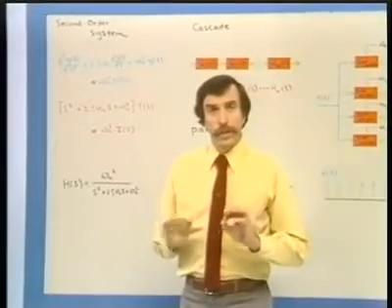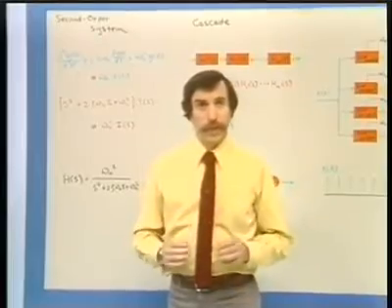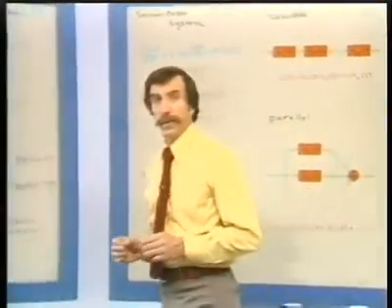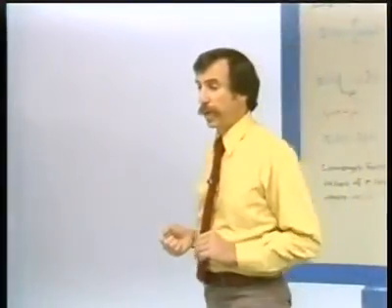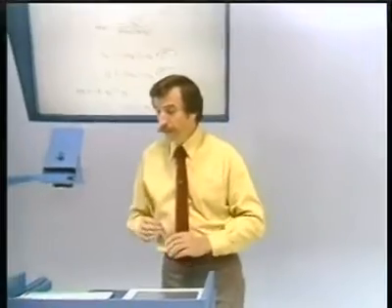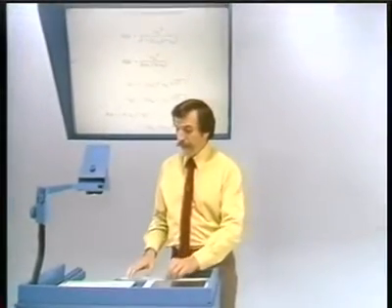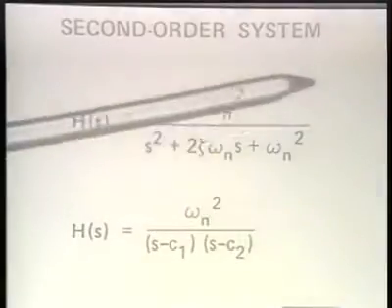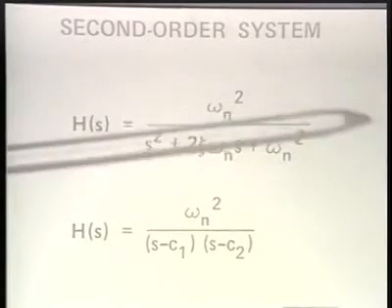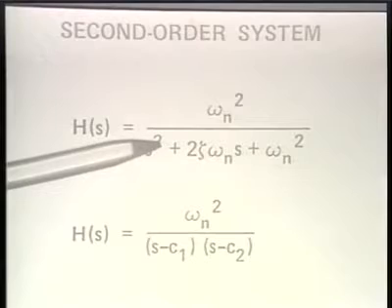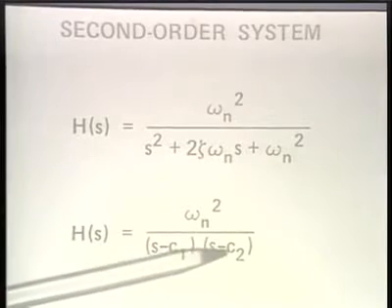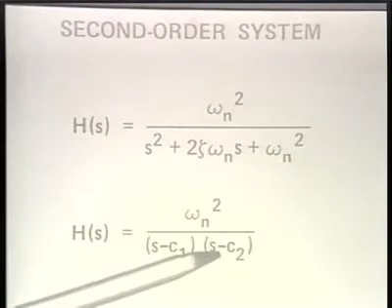Well, let's look at this example, namely the second order system, in a little more detail. And what we'll want to look at is the location of the poles and some issues such as, for example, the frequency response. So here again, I have the algebraic expression for the system function. And as I indicated, this is a second-order polynomial, which means that we can factor it into two roots.